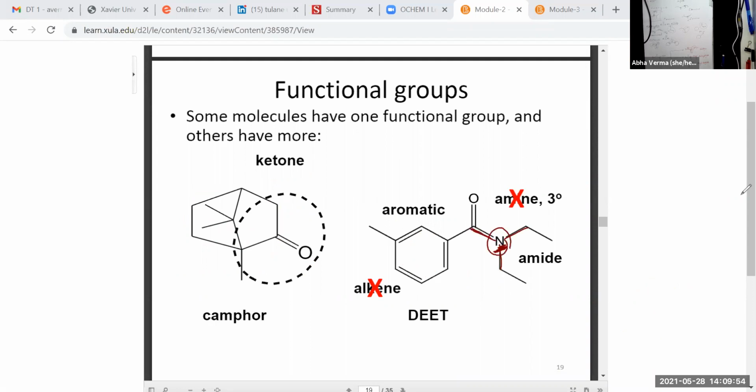Is this nitrogen and the carbon at all locations completely saturated, or is there some unsaturation somewhere? There is some unsaturation somewhere. So you cannot call it an amine. You have to call it an amide. Any questions so far?